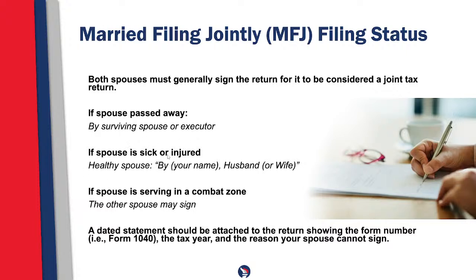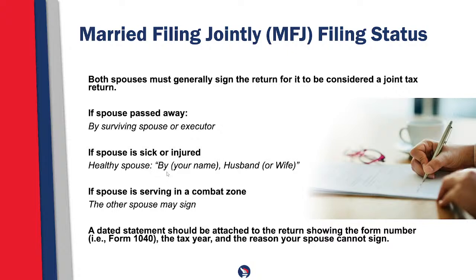If the spouse is sick or injured, you can have the healthy spouse sign their name and their title on the line, but I'm not a big fan of doing this unless I have experience with the clients or I have the proper documentation from a doctor, or even better, a power of attorney. If you do have a power of attorney, you would do it just like this.